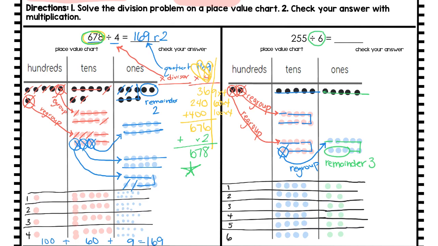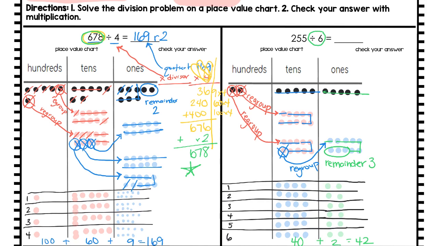So how many is 255 divided by 6? Well, there's 0 in the hundreds place, 40 in the tens place, 10, 20, 30, 40 in each group, and 2 in each group in the ones place. So 40 plus 2 is 42.